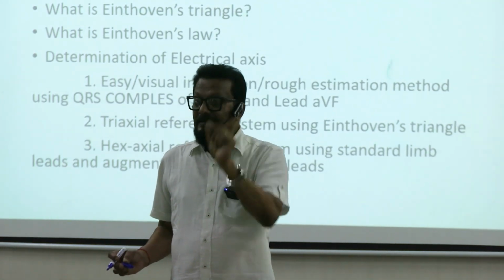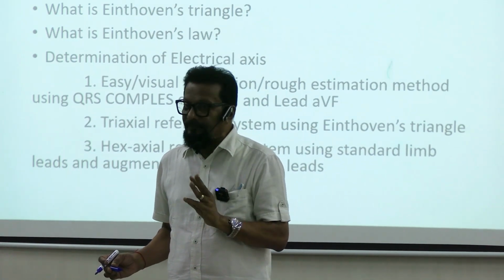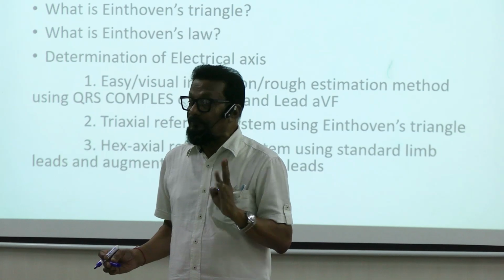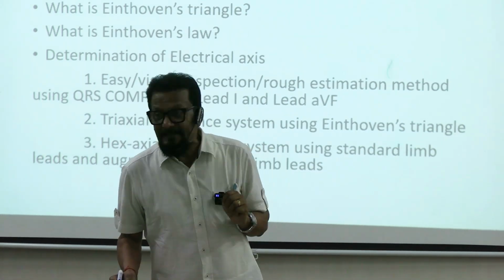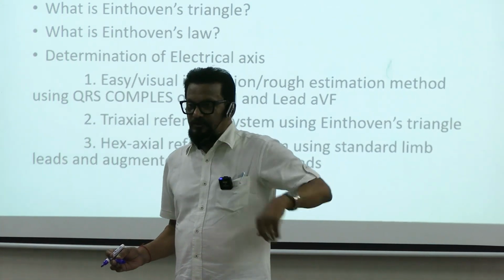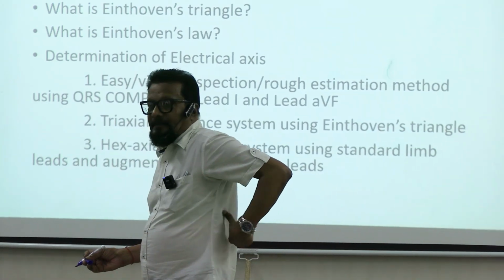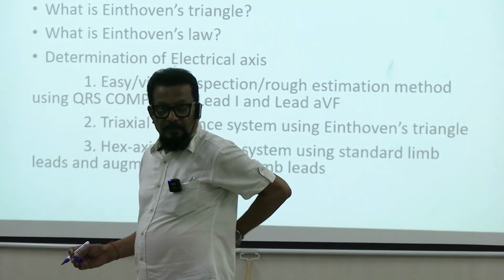These 12 different leads are lead 1, lead 2, lead 3, aVR, aVL, aVF, V1, V2, V3, V4, V5, V6. In some cases, when it is needed to accurately diagnose posterior wall infarction, we record V7, V8, V9.